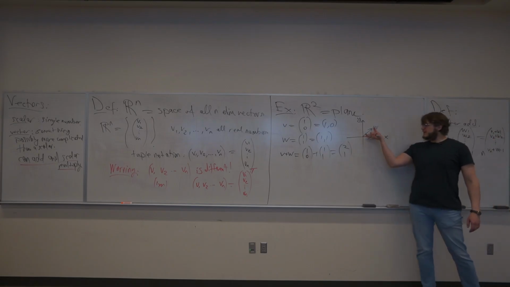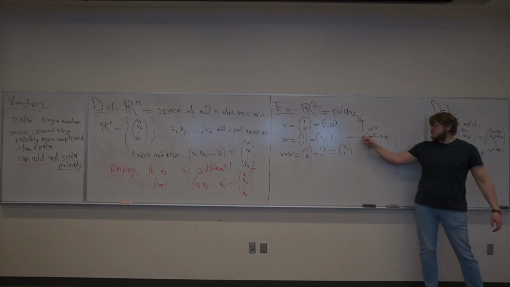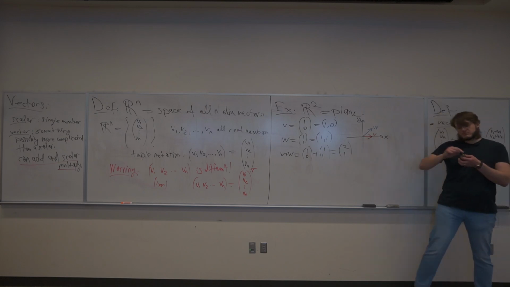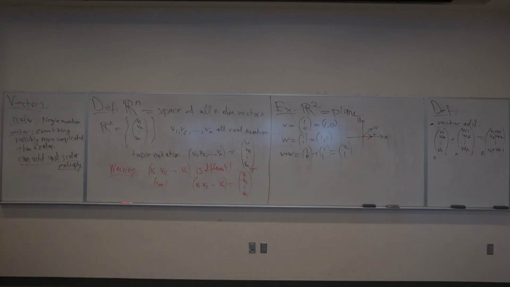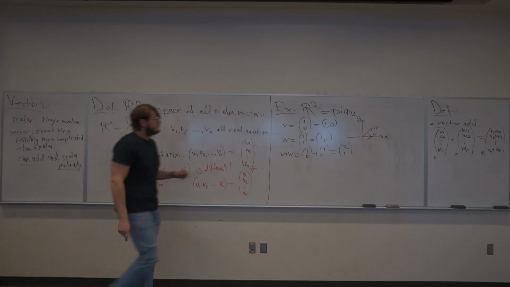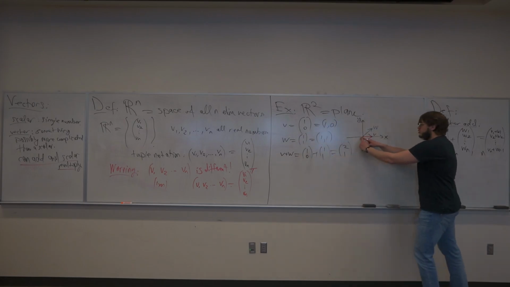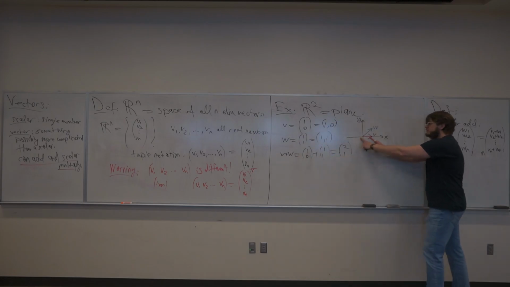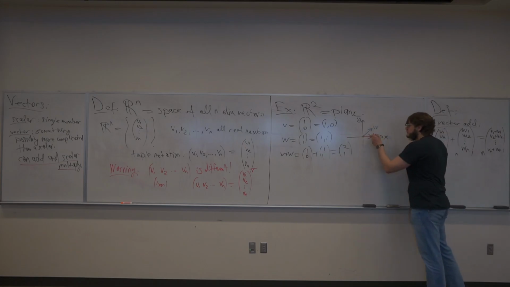Namely, that you take the two arrows that correspond to the two vectors, and you put them consecutively, let's say. Here's what I'm trying to say. V plus W, for instance, corresponds to this. Go from the origin to (1, 0), that corresponds to V, and then use W to move from this endpoint.